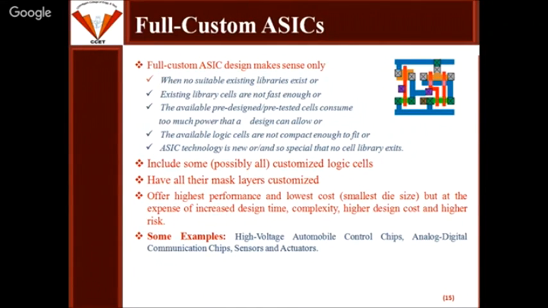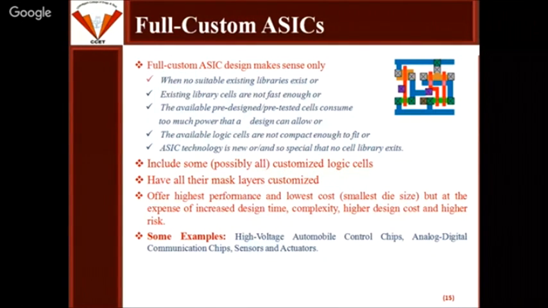So these are the points where we have to redesign our cell library components and then utilize them. Some, possibly all, customized logic cells have all their mask layers customized. It means once we have designed our library components, we utilize them, make the interconnections between them, and create our device.